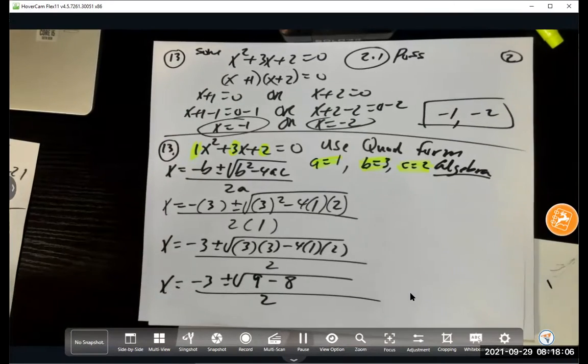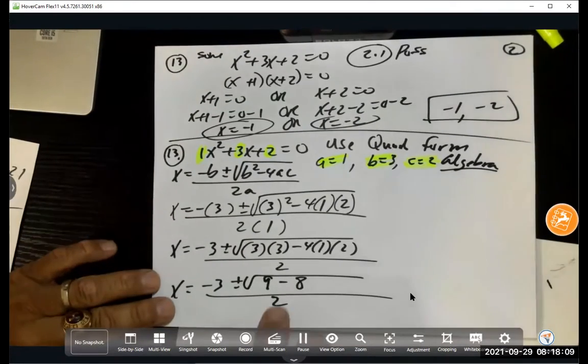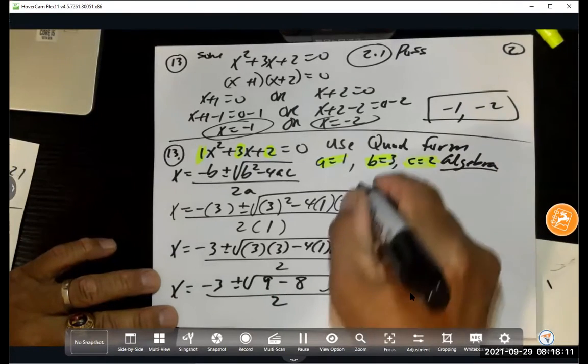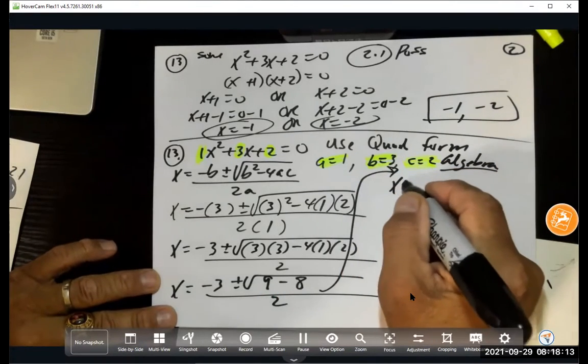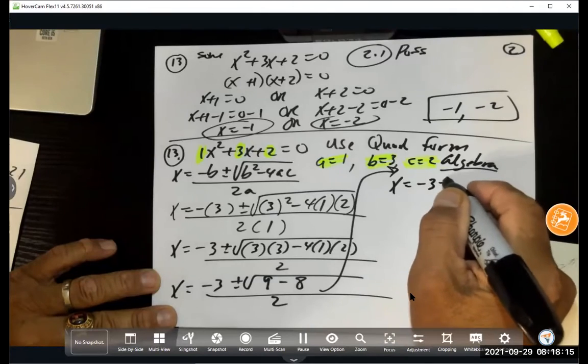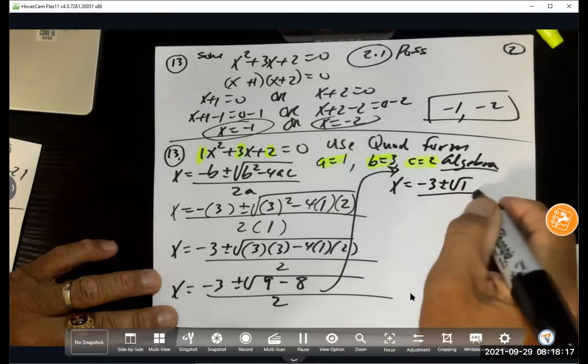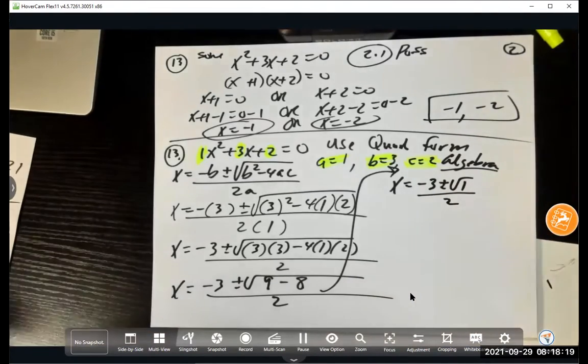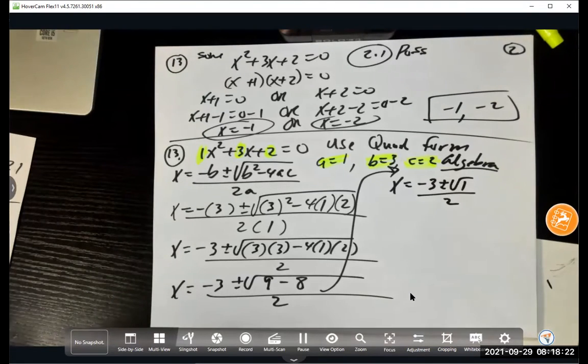All right, so now, next question, I'm going to subtract these two numbers right here. So this is going to be negative 3 plus or minus the square root of 1 over 2. Now, what is the square root of 1?